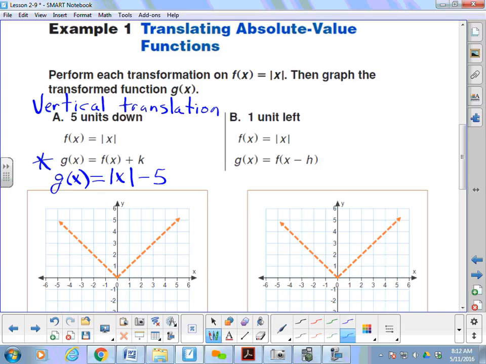So when I put it into the general formula, k equals negative 5. And it's important that you're able to do that. So when it says some type of vertical translation, that just means moving it up or down, we're talking about the value of k, and we just replace k with whatever that number is. All right? So we're going to graph it.